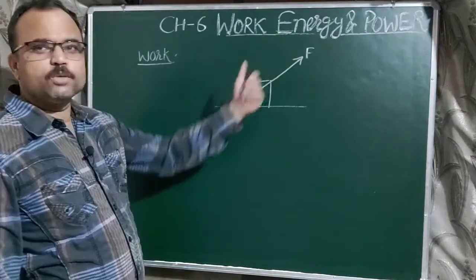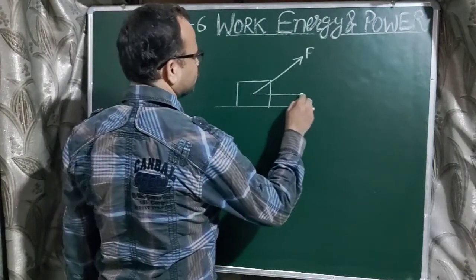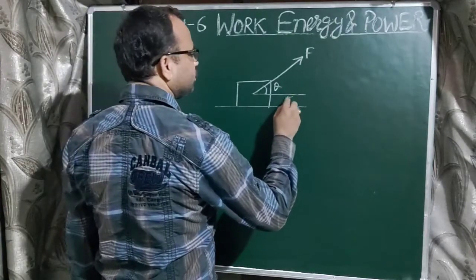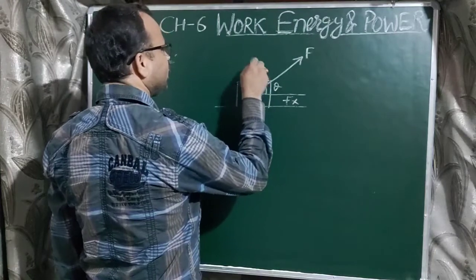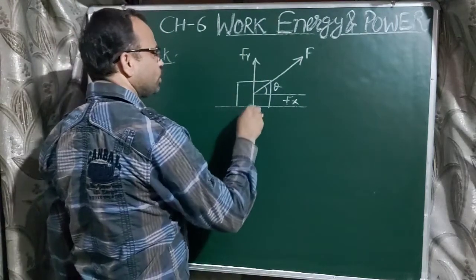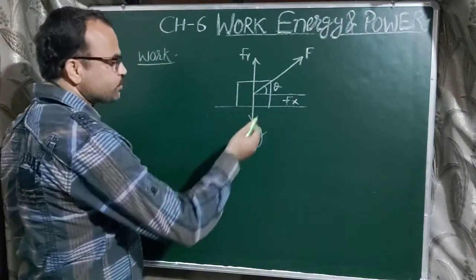On resolving the force into two components, because this force makes an angle theta with this line, the horizontal component will be in this direction, suppose Fx, and the vertical component in upward direction will be Fy. Weight of body always acts downward.